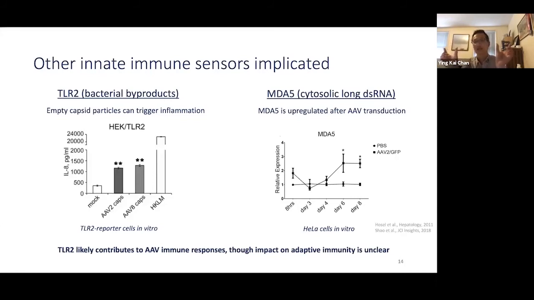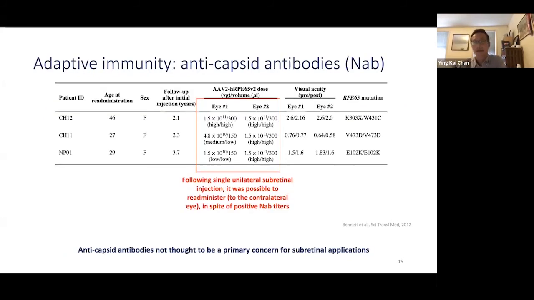And they postulated that the two viral ITRs are directing expression of both a positive sense RNA transcript and a negative sense RNA transcript, and that leads to double-stranded RNA. The evidence around MDA5 is more circumstantial. I think toll-like receptor 2 is more likely to contribute to the AAV immune response. So far, though, there isn't quite clear evidence in the literature on how it impacts the adaptive immune response to AAV in vivo.